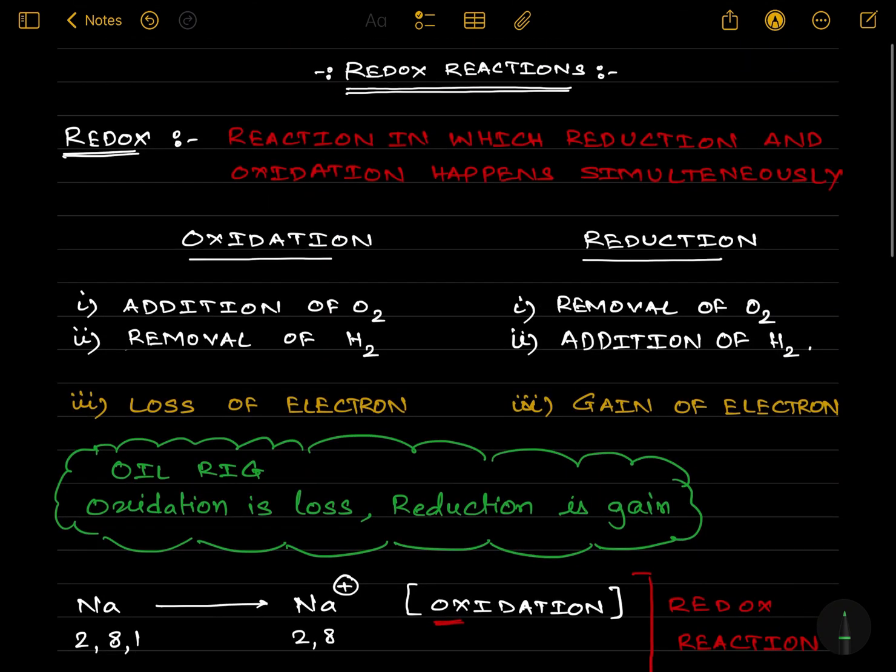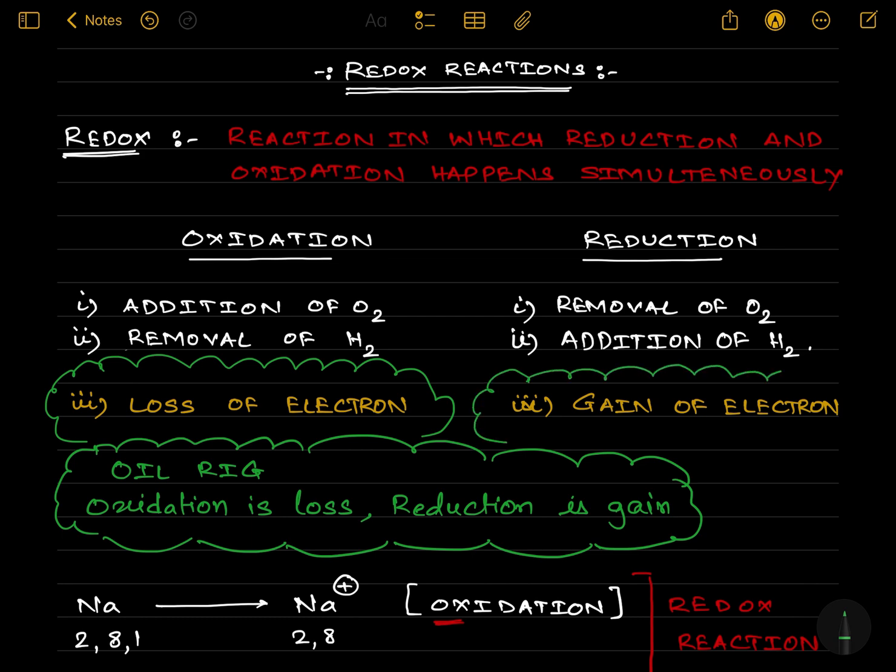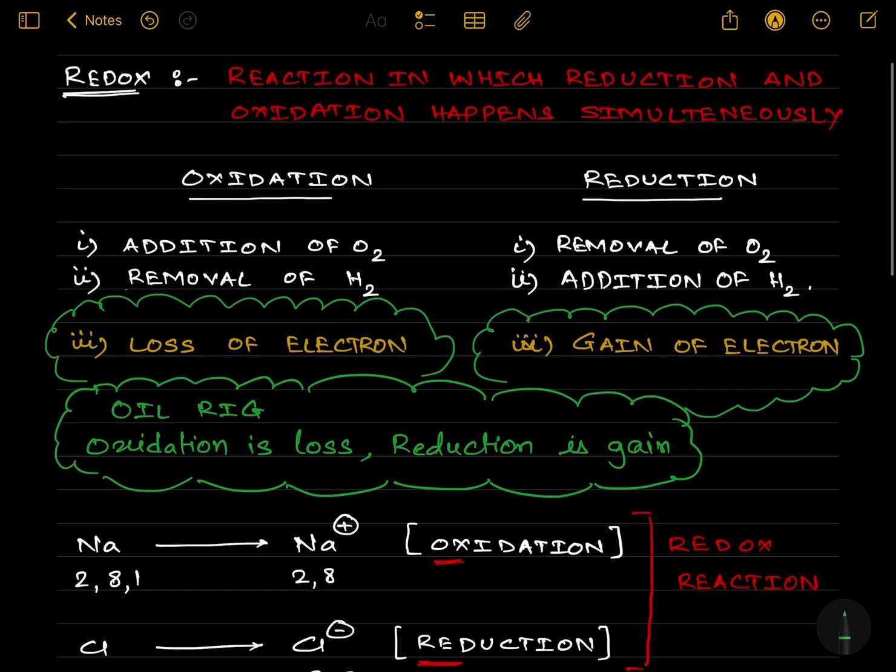Once again, we will quickly discuss redox reactions. We said a redox reaction is a process in which reduction and oxidation happen simultaneously. What is reduction? Very, very important. Oxidation is nothing but loss of electrons and reduction is nothing but gain of electrons.